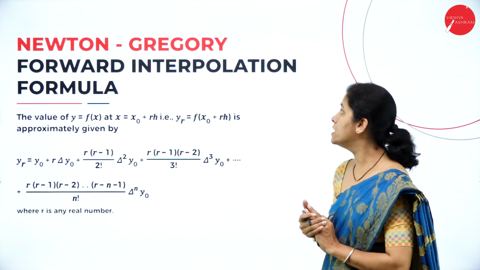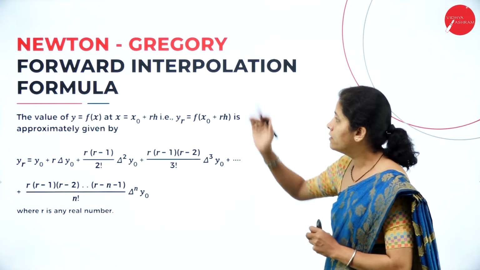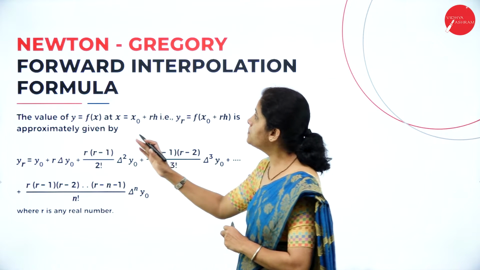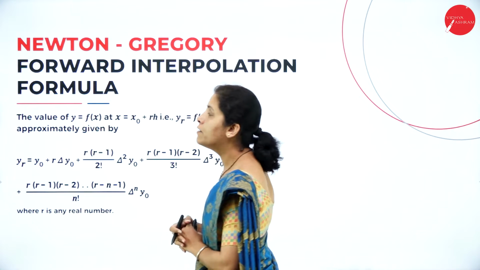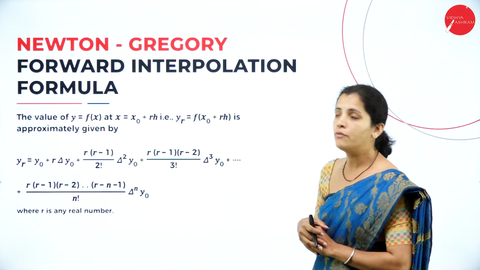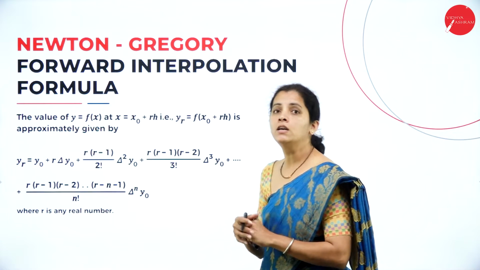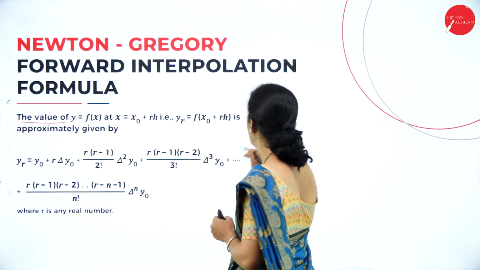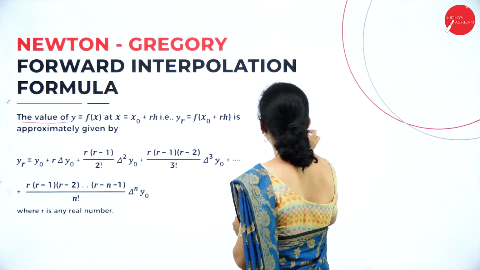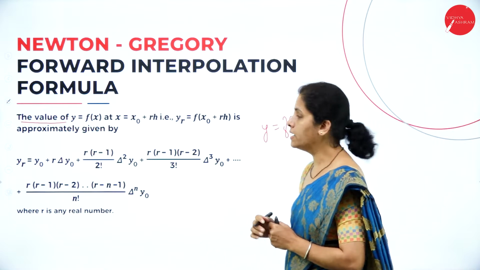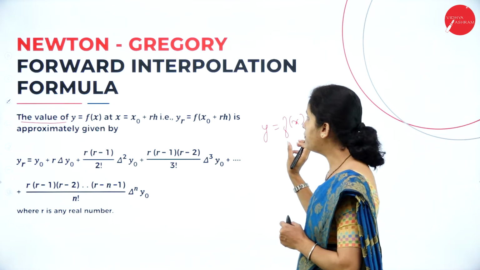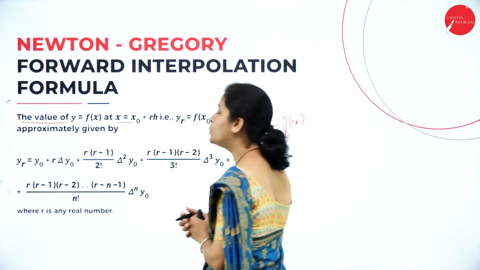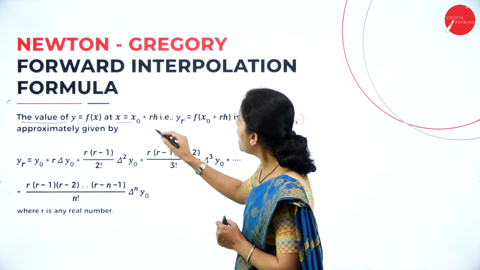as well as Newton-Gregory backward interpolation formula. First, let me explain Newton-Gregory forward interpolation formula. So dear student, here I'm going to have the values of y equal to f of x. Now y equal to f of x ranges from y equal to y naught plus rh.